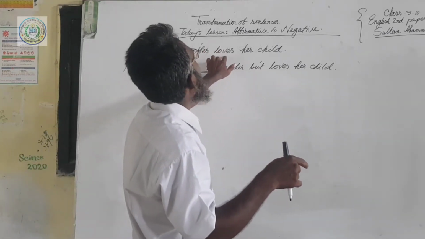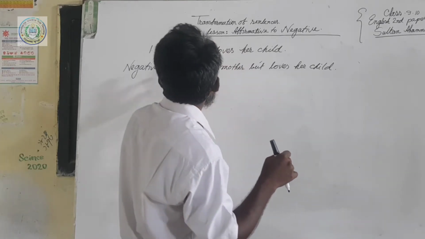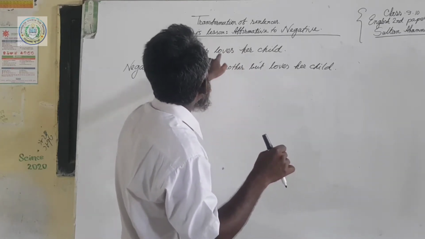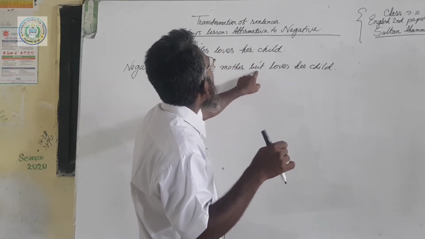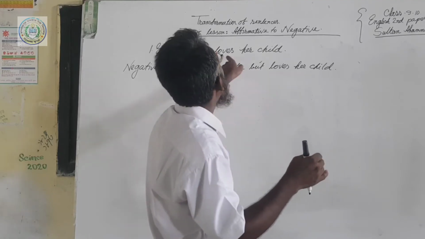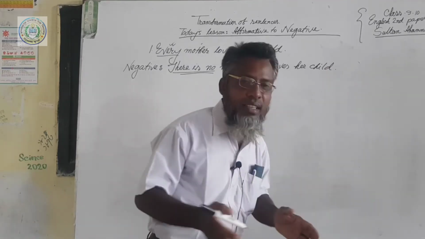Then before the verb I wrote but. So there is no plus noun, then but, and after but I wrote loves. So there is no mother but loves her child.